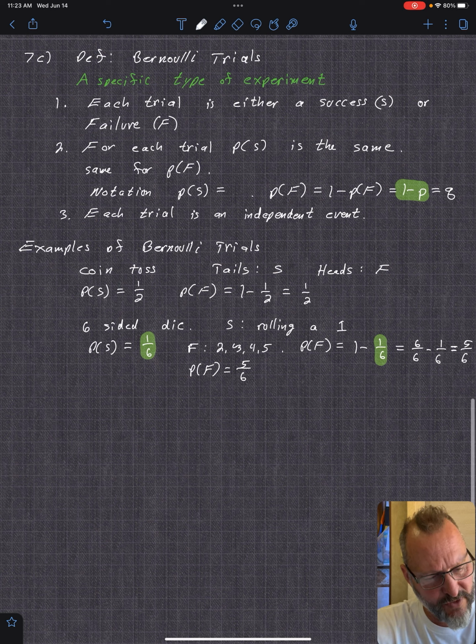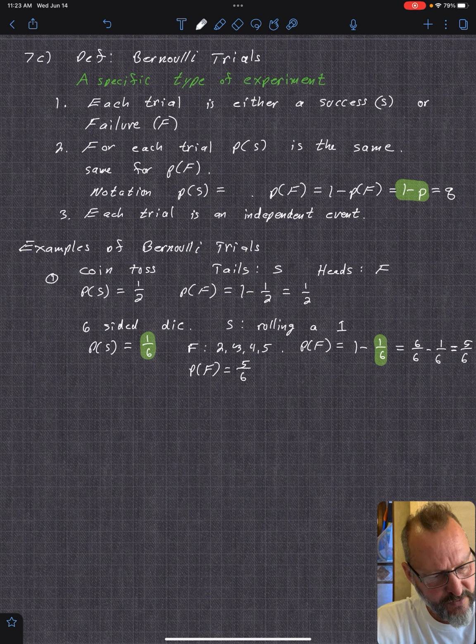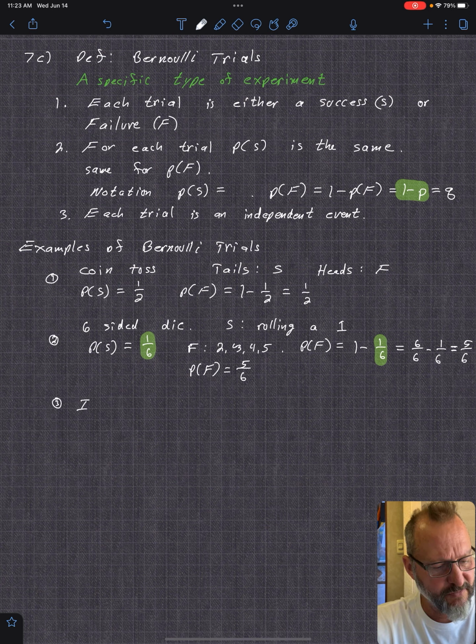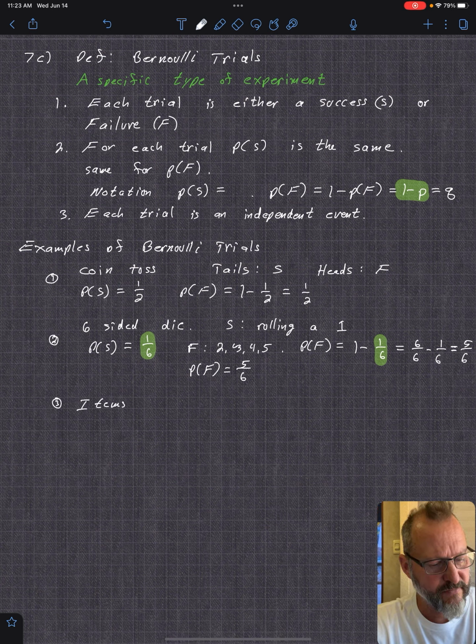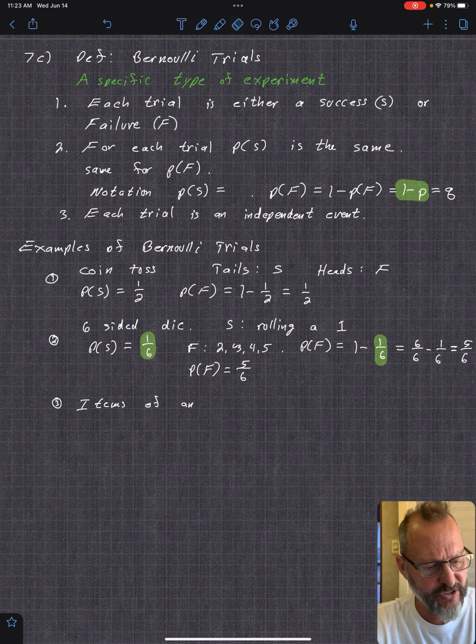I mentioned this one, so let's do 3. So like our production, let's say production line, items off a production line.